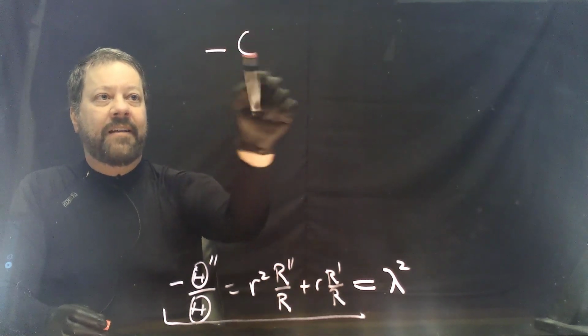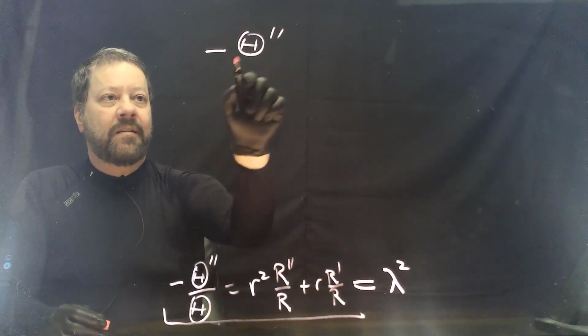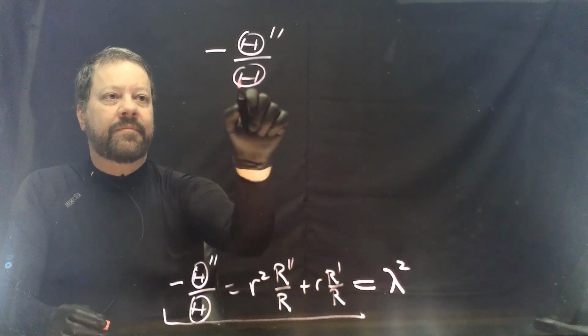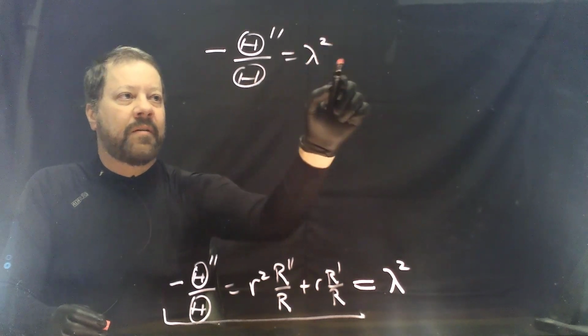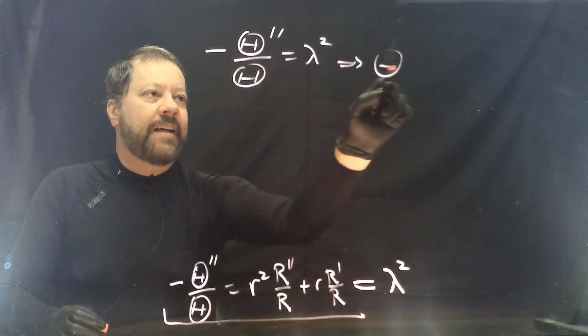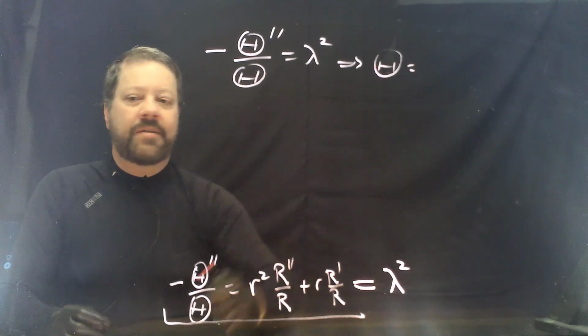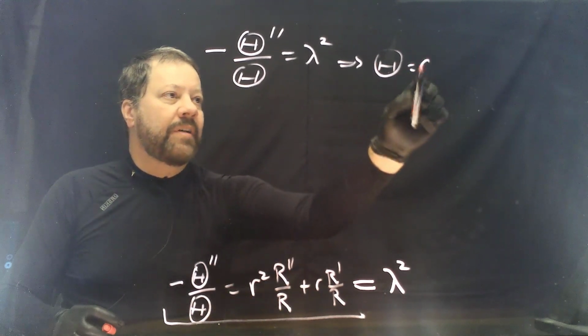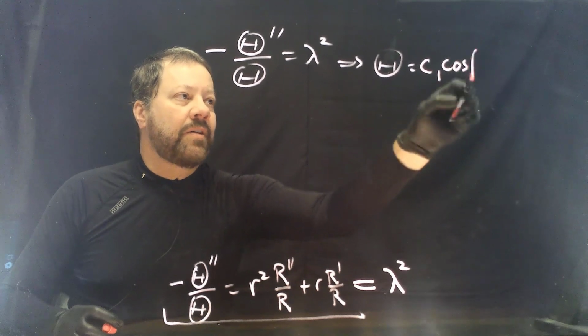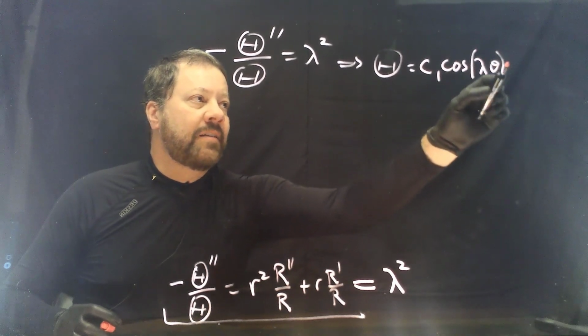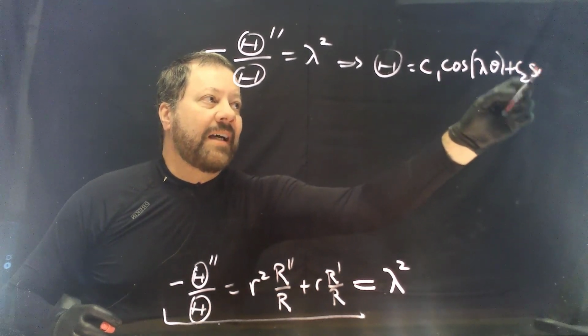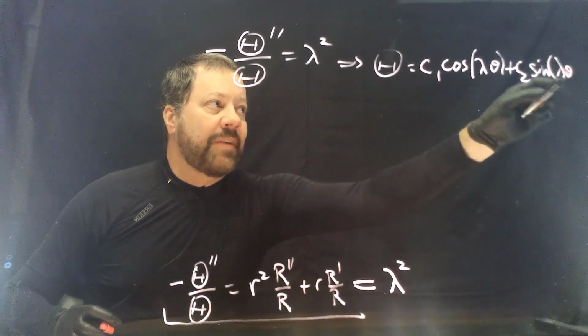So we have the differential equation, which implies then that Theta is of the form C1 cosine lambda theta plus C2 sine lambda theta.